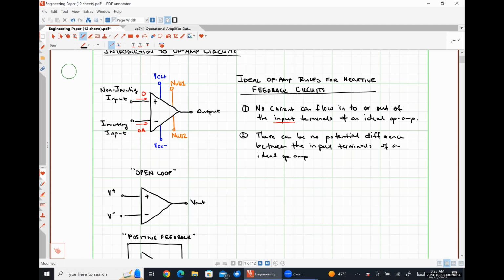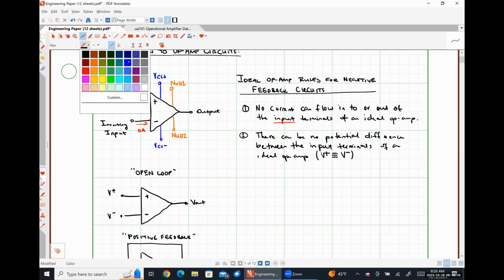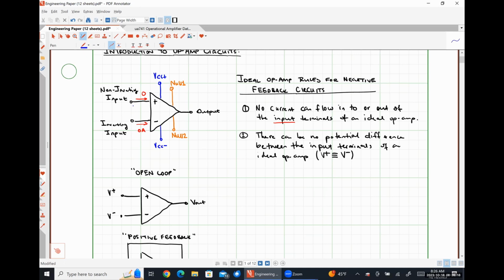This is what's known as the op amp voltage constraint. Effectively what this means is that the voltage at the non-inverting input terminal must be equal to the voltage present at the inverting input terminal for a negative feedback ideal op amp circuit. Another way to think about that would be to say that the voltage drop between these two nodes is always zero.